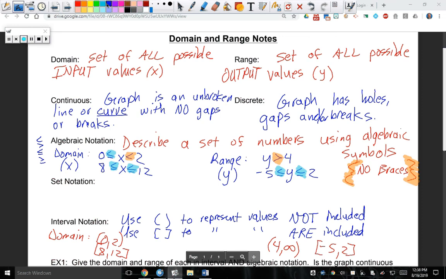And I want you to put this nice union sign right here. Okay, that means both of those intervals. And yes, you could do the same thing over here. You could put union 8, 12 with brackets, and it could be that answer right there.